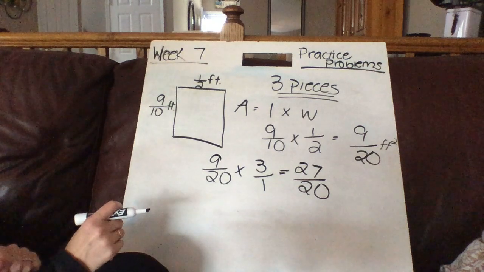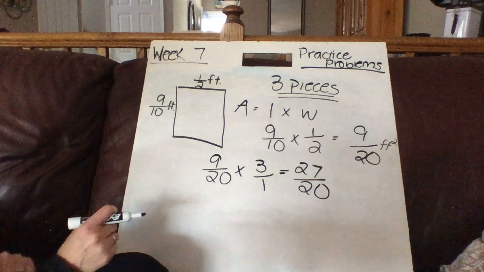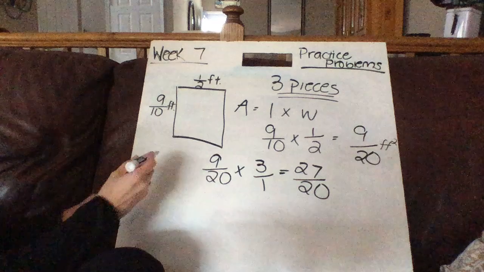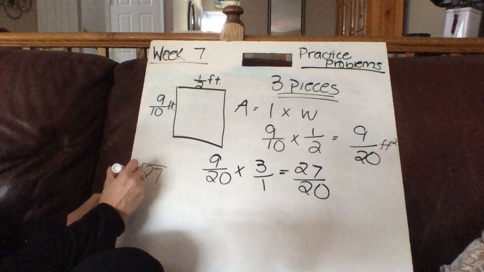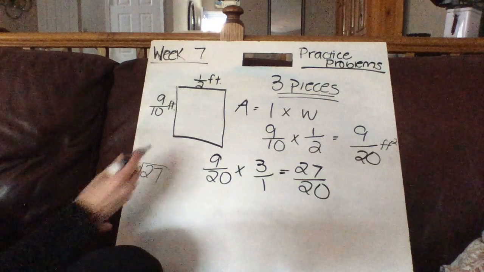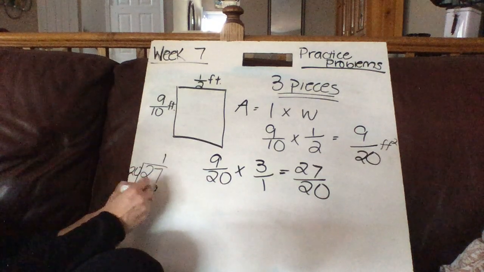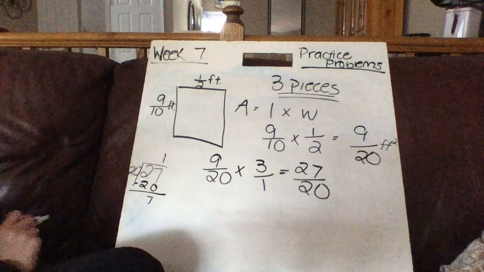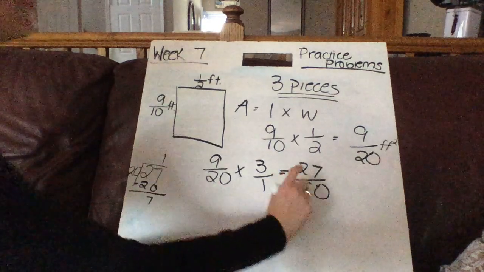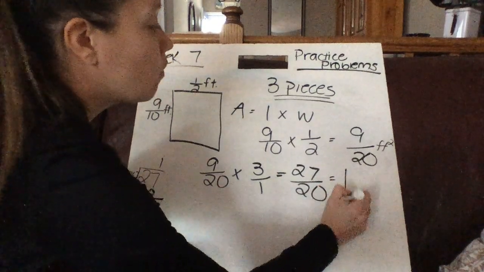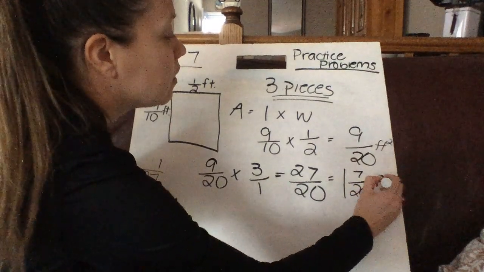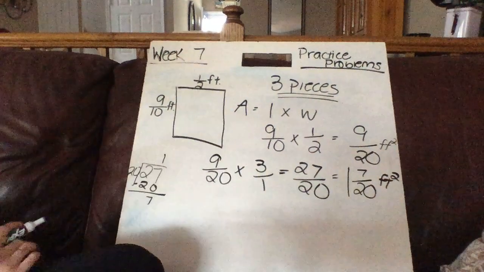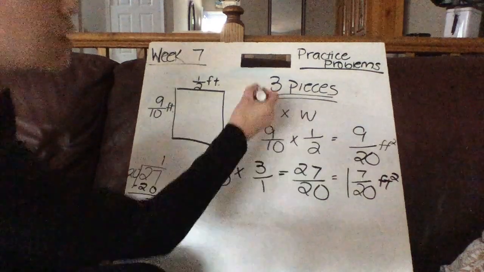27/20 is an improper fraction, so we need to turn it into a mixed number. You can divide on the side, but some of you I know are pretty good at this, but you can do 27 divided by 20. It goes in once, and we get 7 as a remainder. Okay, if you can do it in your head, that's great. We get 1 7/20 feet squared for 3 pieces of construction paper.